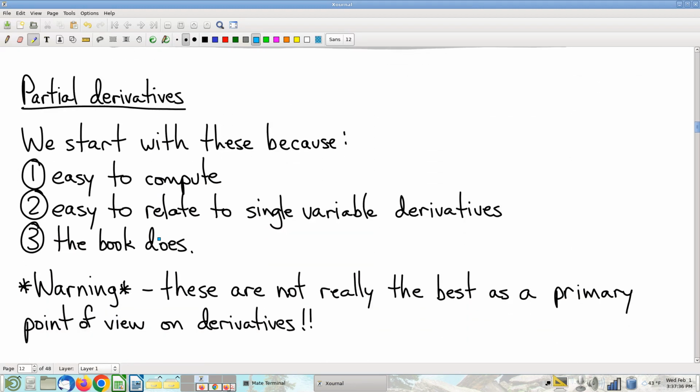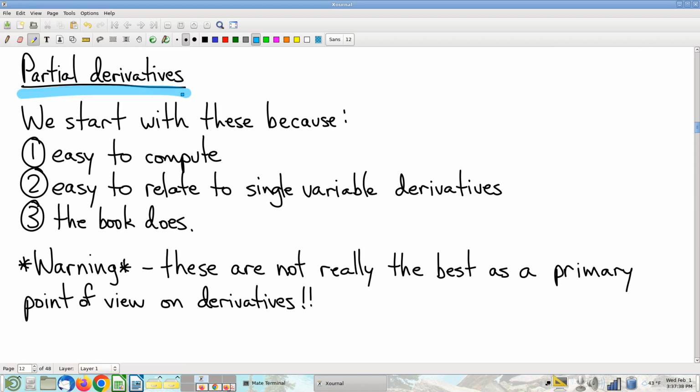Okay, I'm going to start off with partial derivatives. There's some good reasons for doing this. Mathematically good reasons, pedagogically good reasons. For one thing, they're really easy to compute. We're going to find that momentarily. And I have a nice, convenient, let's get one in the win column, right? This is an argument for that, for sure.